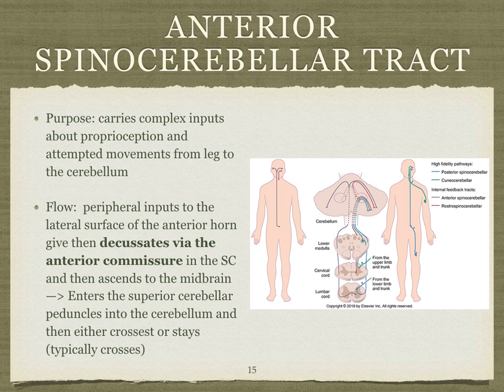So again, that flow is coming from our lower motor neuron, and that input goes in through our spinal nerve, through that dorsal root ganglion, and then it goes right into our anterior horn.